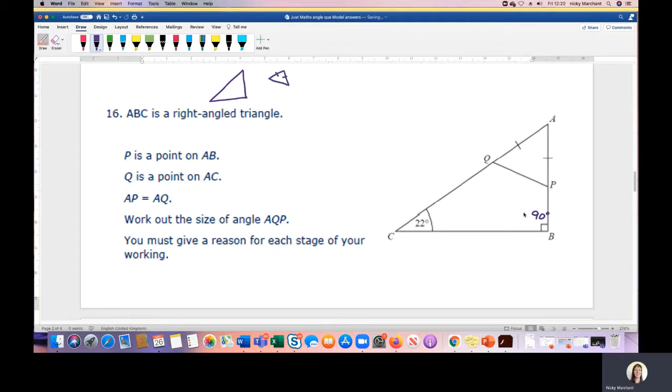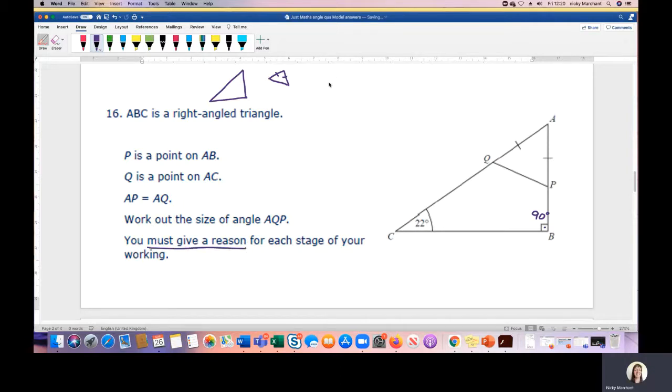So you've got 90 degrees in the corner. There's no marks for writing 90 degrees, but they've given you that as an indicator here with the corner marking. 22 here, and our question says we must give reasons for each stage. So this is what I mentioned before.